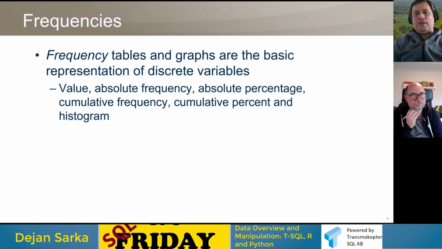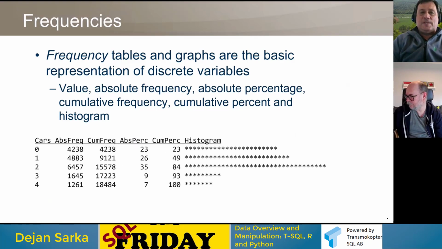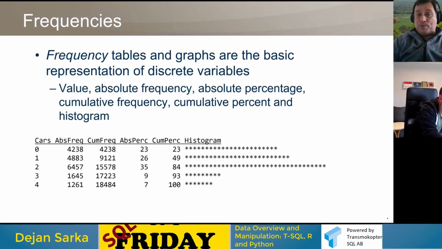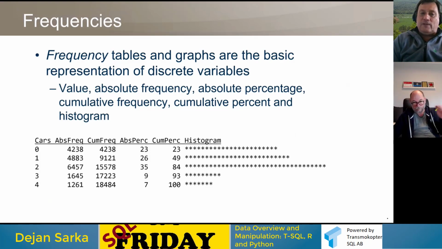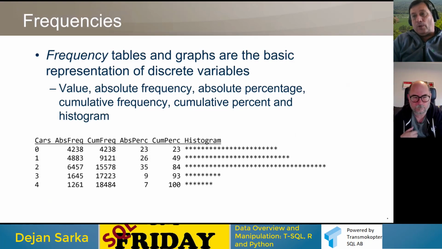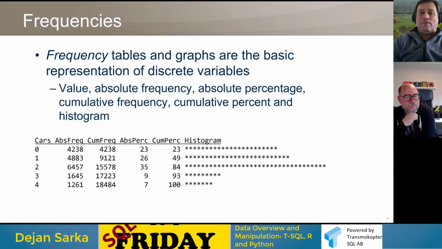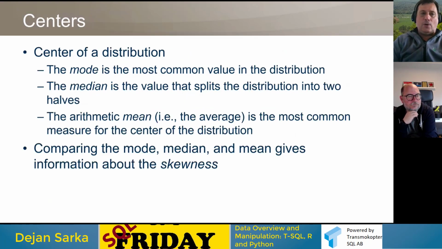What if we have discrete variables? Then we calculate frequency tables and graphs. And what we put there is absolute frequency, simply count, and percentage. But if the variable is ordinal, it might also make sense to calculate cumulative frequency and cumulative percentage. For nominal variables, this is less meaningful. And of course, we can also show a histogram.